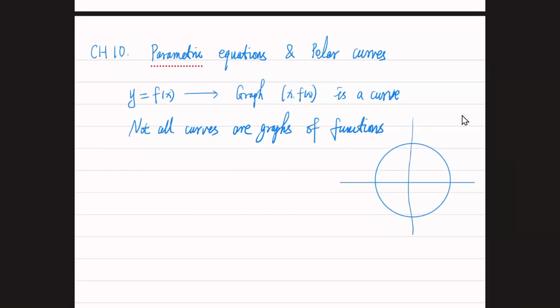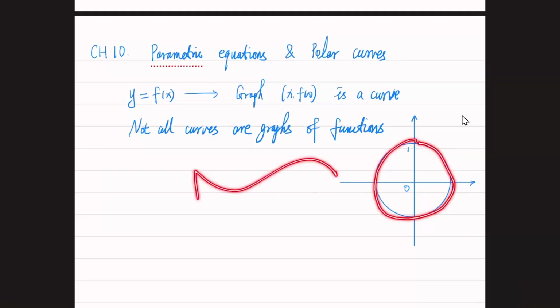If I add this, does this help? There's no scale. So why can't we write this as the graph of some function?